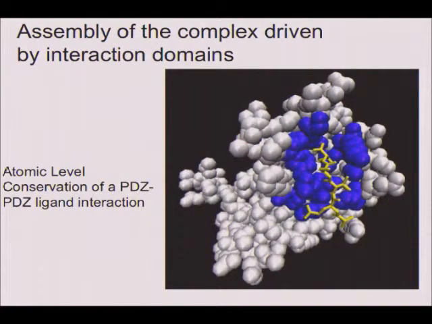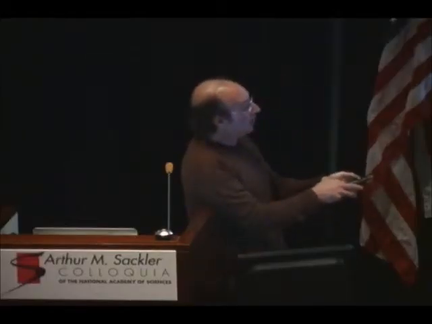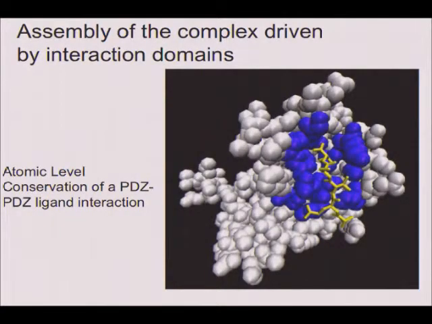We have all the coordinates for the co-crystal. This was done in collaboration with Bruce Tidor at MIT, and we were able to thread this sponge sequence into the known crystal structure and assign which amino acids were conserved and which were not. CRIPT here is the ligand, and this whole globular structure is the PDZ domain.